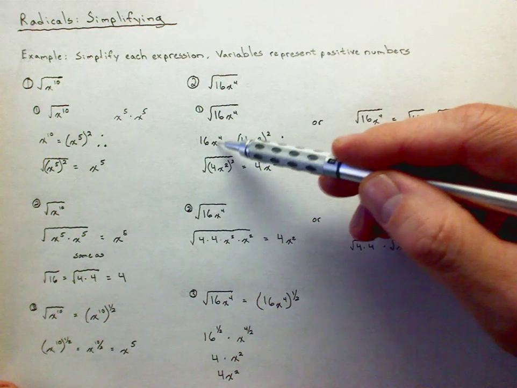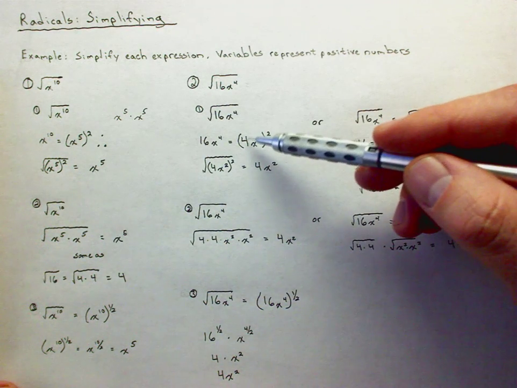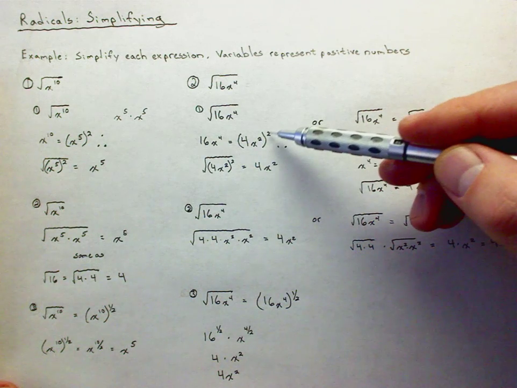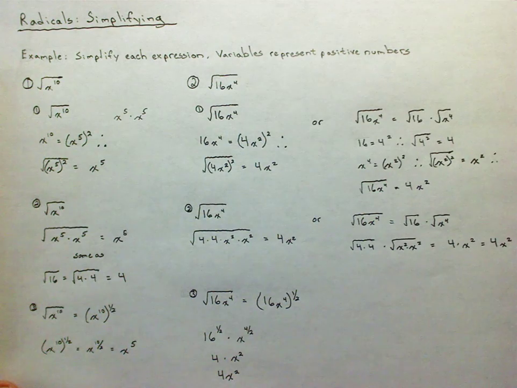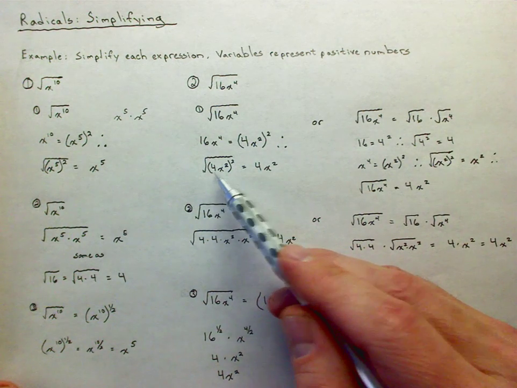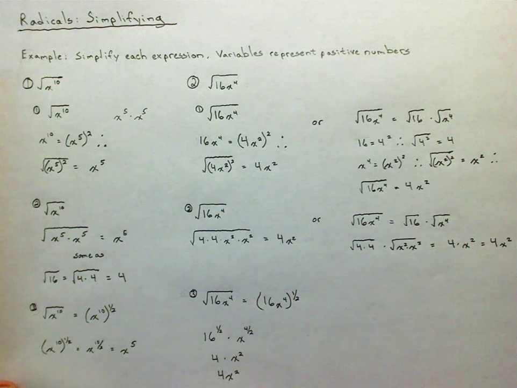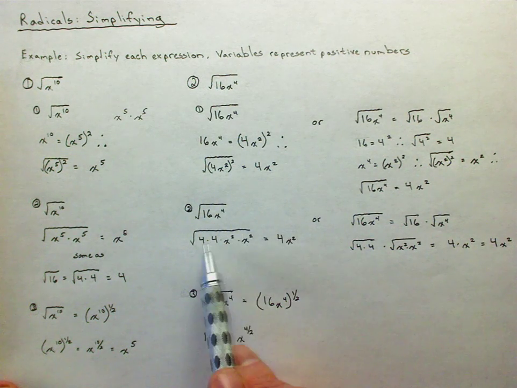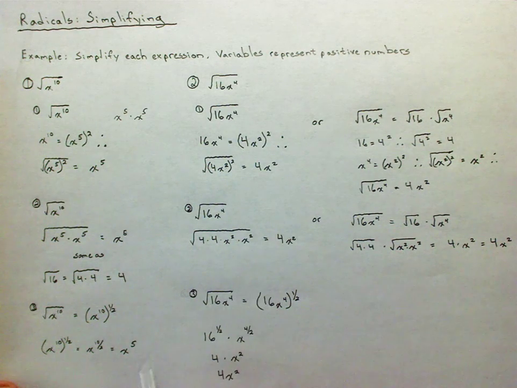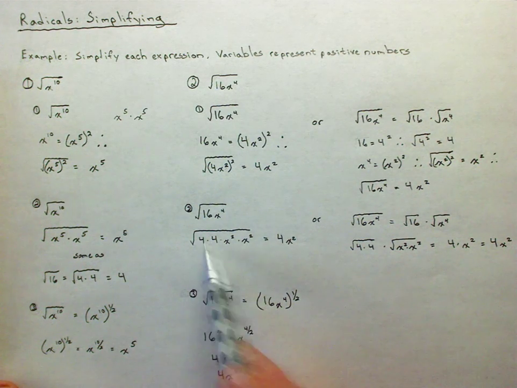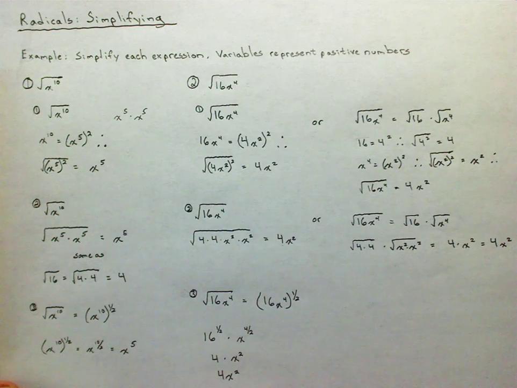Well, I can view 16x to the 4th as simply 4x squared, all of that squared. So if I look at the radical of 4x squared squared, that's simply 4x squared. Or I can break it down to factors. That is 4 times 4 times x squared times x squared. I get to pull out a 4 and I get to pull out an x squared.